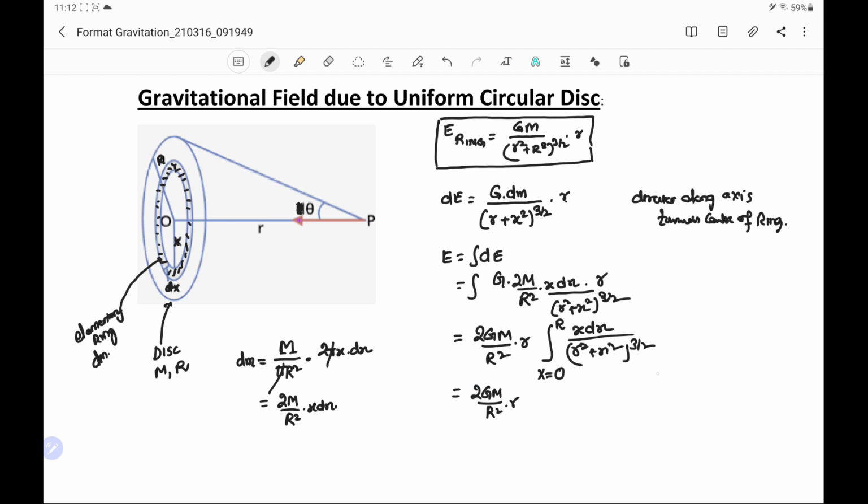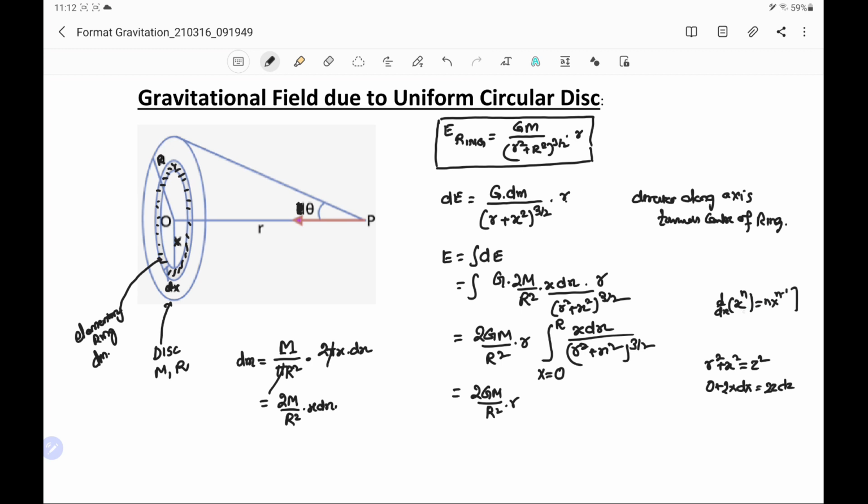Now to solve this integral, we substitute r square plus x square equal to z square, and differentiating, r square is constant, so it will be 0 plus 2x dx equal to 2z dz. It is solved using the differentiation formula: x raised to the power n differentiates to n x raised to n minus 1.